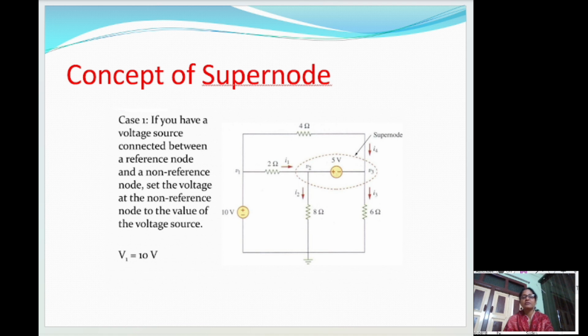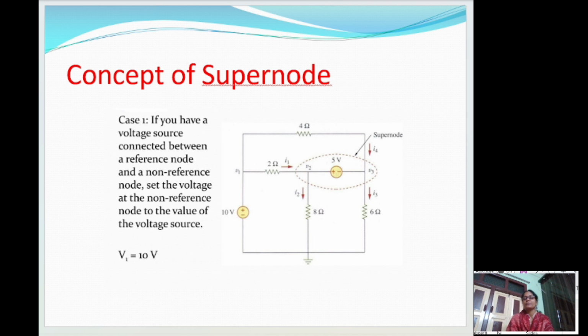As here V1 is connected to the 10 volt, so V1 will be equal to 10 volt. It is case 1. And then this dotted line, that means V2 and V3, known as super node, by excluding this 5 volt.